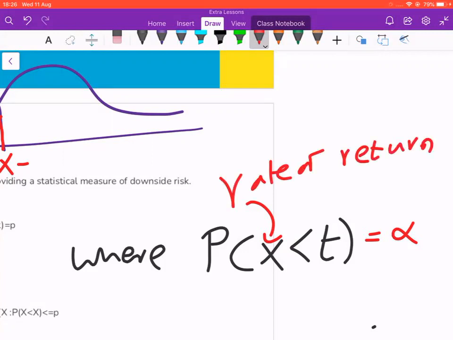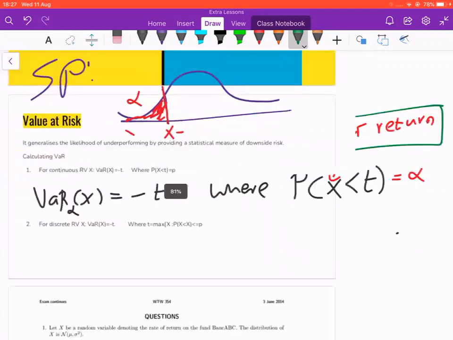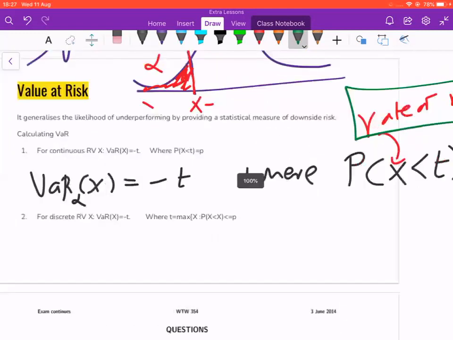Sometimes they can try to trick you, but this is usually the rate of return. So it is the returns you are reasonably sure you cannot exceed, as the formula described. So this one is for continuous.